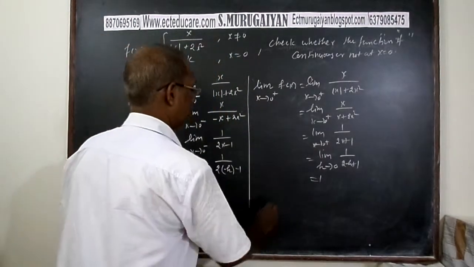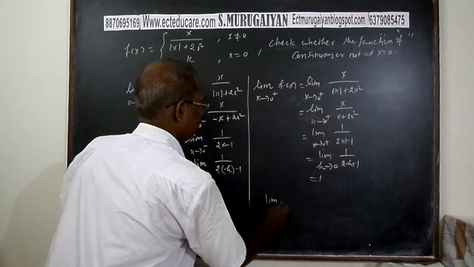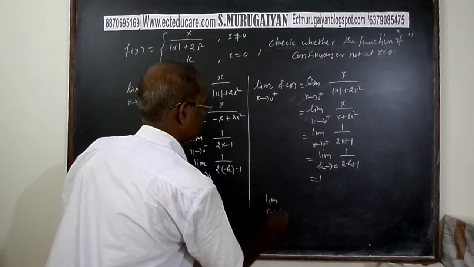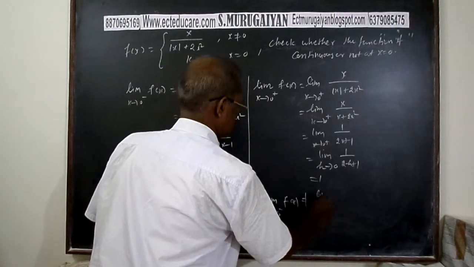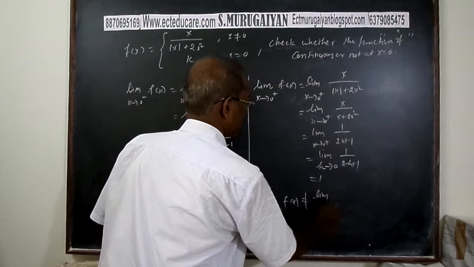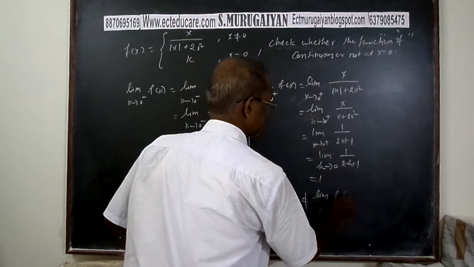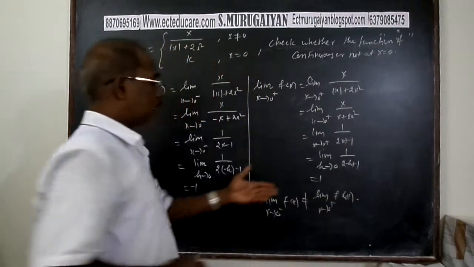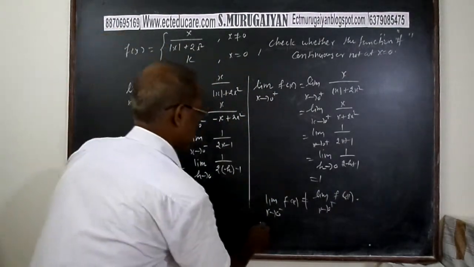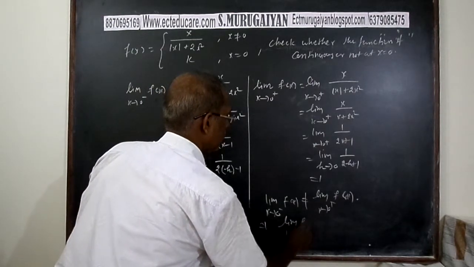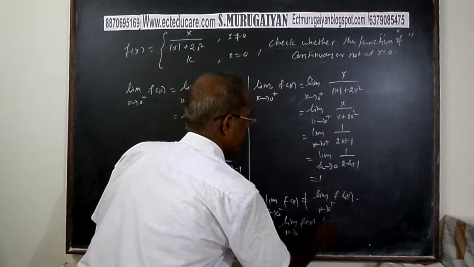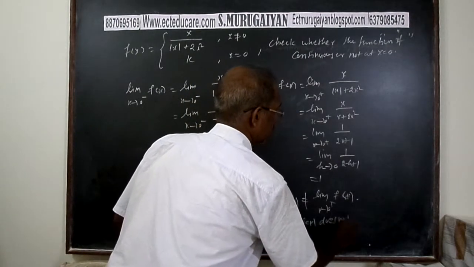Now we can conclude the limit as x approaches 0 minus of f of x is not equal to the limit as x approaches 0 plus of f of x. Then the limit does not exist. So this implies the limit as x approaches 0 of f of x does not exist.